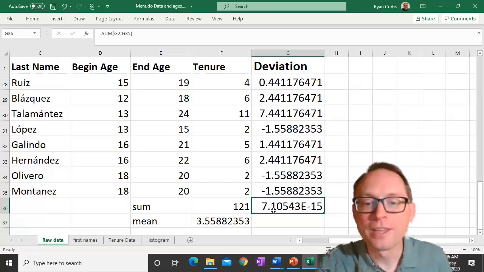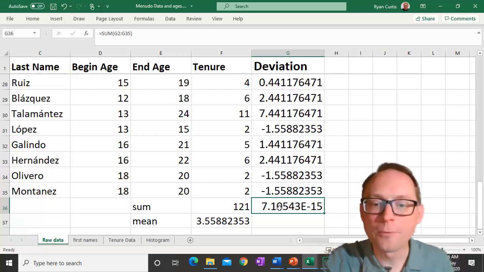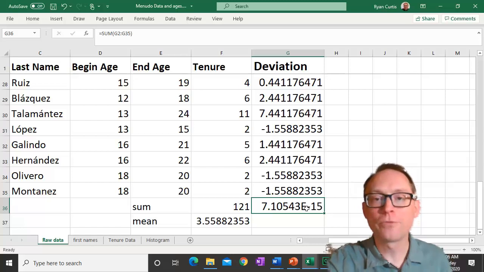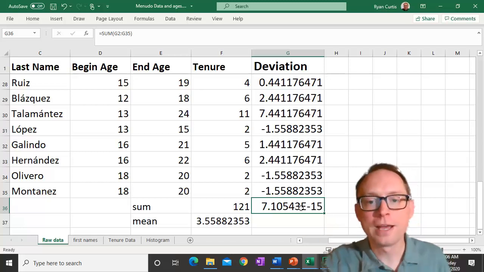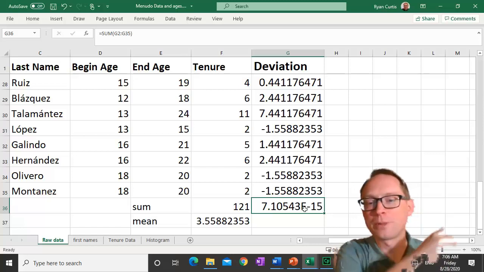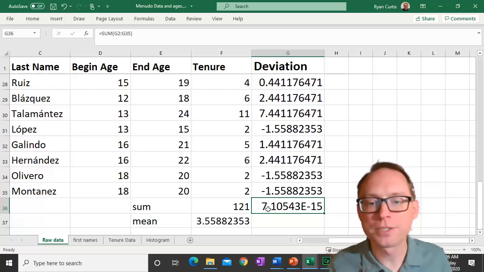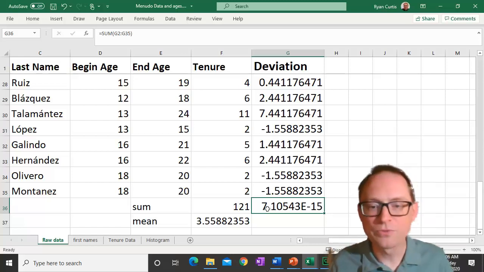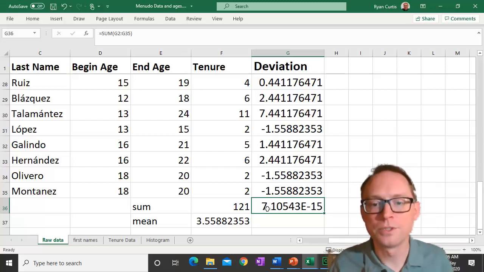Okay, this says 7.10. You're like, that's not 0. Okay, fine. See that E negative 15? You remember how this goes. That means that there are zeros 15 places to the left of the decimal point, negative 15 places to the left.